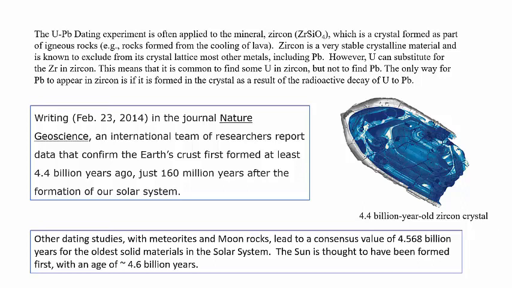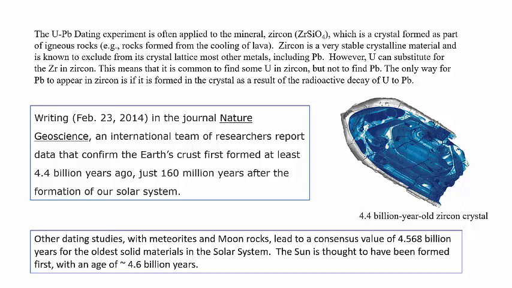And so, to give you an example, a few years ago in the journal Nature Geoscience, an international team of researchers reported data that confirmed that the Earth's crust was formed 4.4 billion years ago, and that was the oldest mineral source, the zircon crystal, that had been discovered so far.